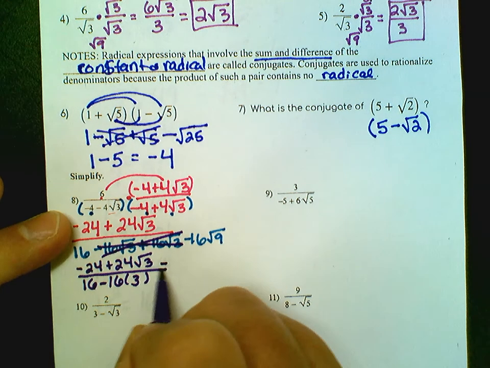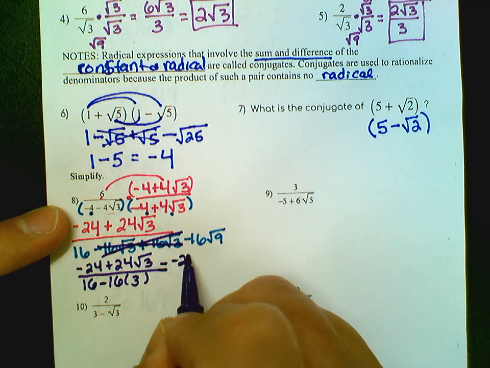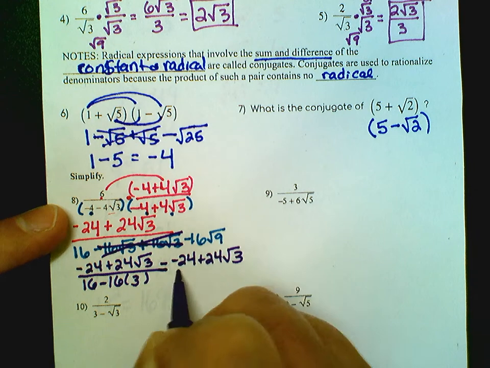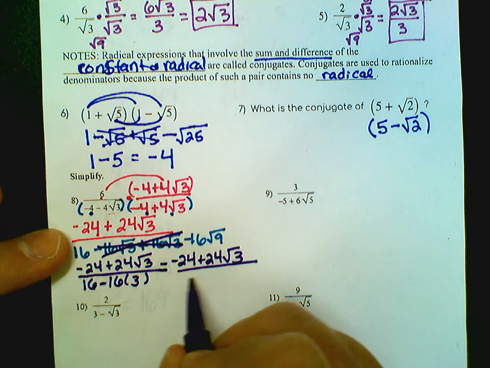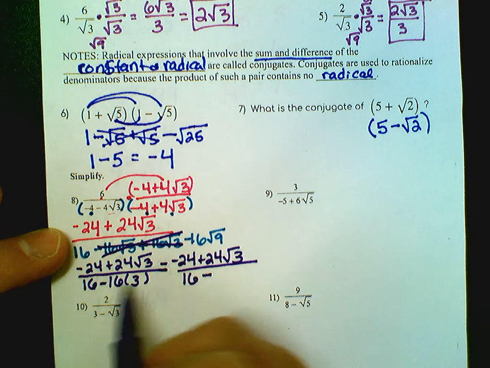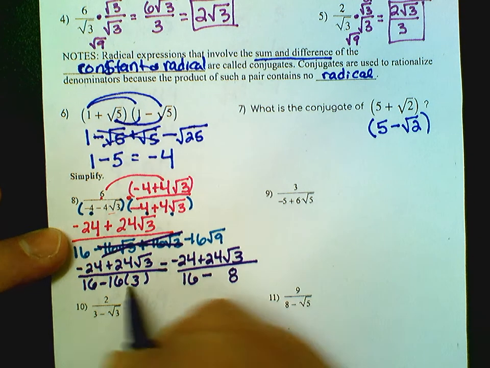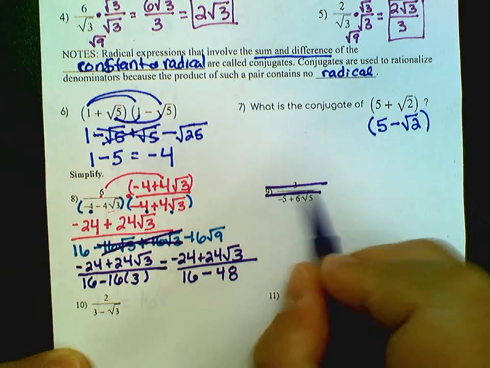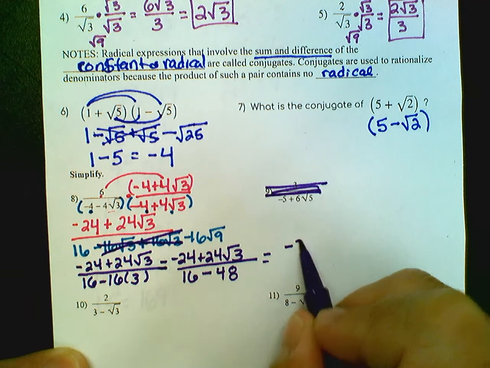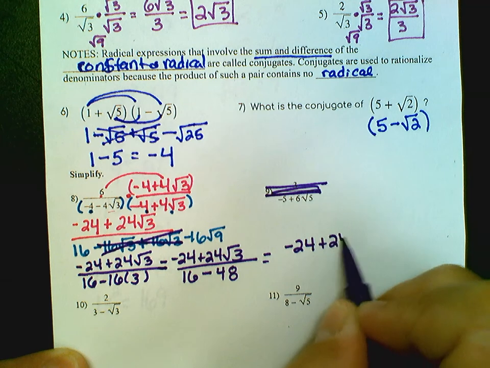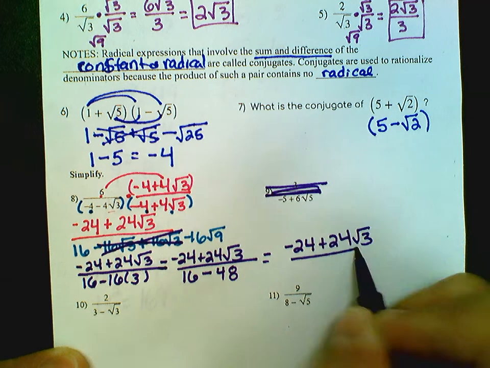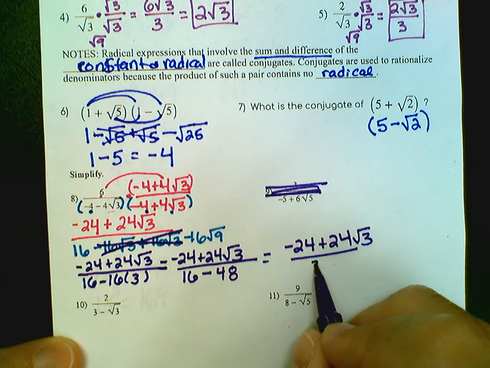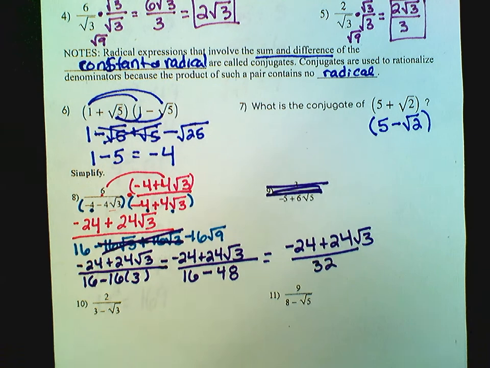All right. So we still have the numerator. And then we have 16 minus 3 times 16 is 48. Negative 24 plus 24 times the square root of 3 over 16 minus 48, which is, I believe, negative 32.